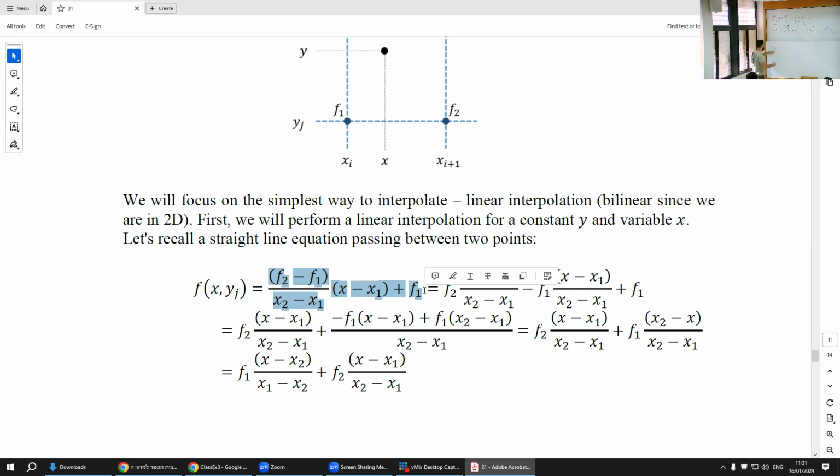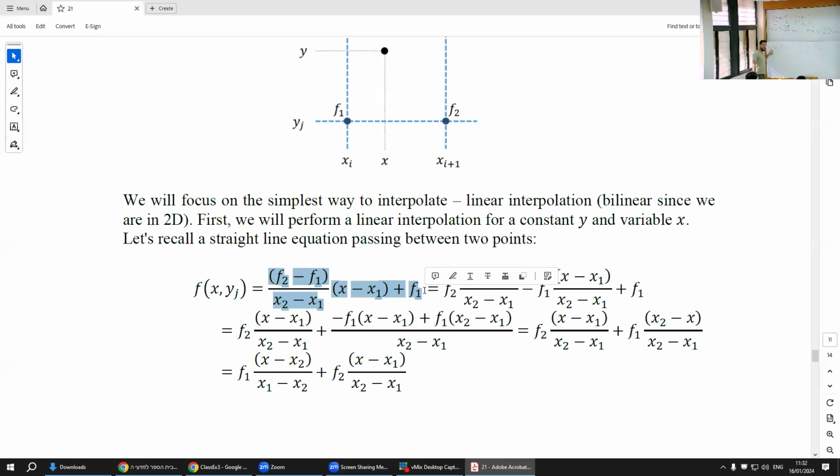F of x, y minus the value at, for example, y1, equals, multiplied by y minus y1, over y2 minus y1, times the value at y2 minus the value at y1.